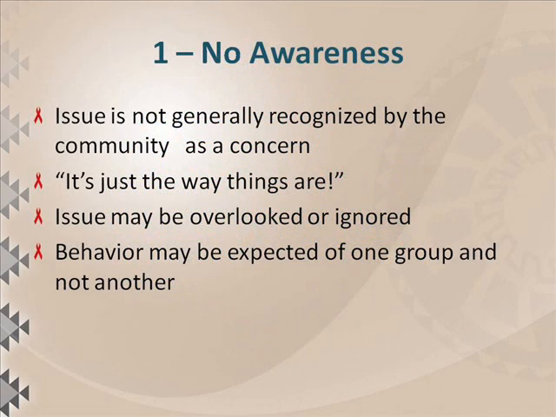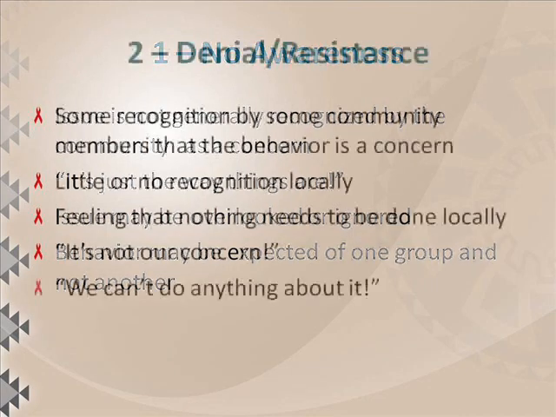Some examples of what we hear when a community is at a certain stage follow. The first stage of no awareness, these are the types of comments that we hear during our interview: the issue is not generally recognized by the community as a concern, or it's just the way things are, or the issue is overlooked or ignored, or the behavior may be expected of one group but not another.